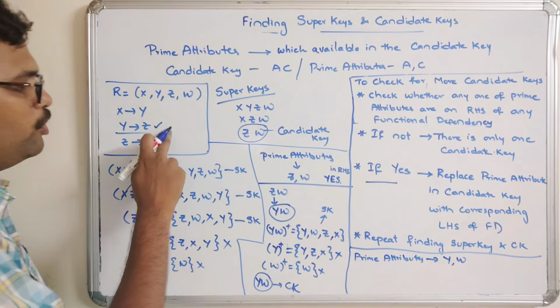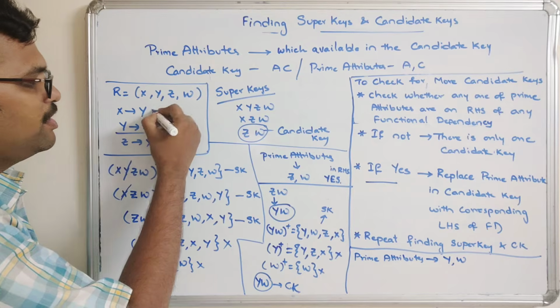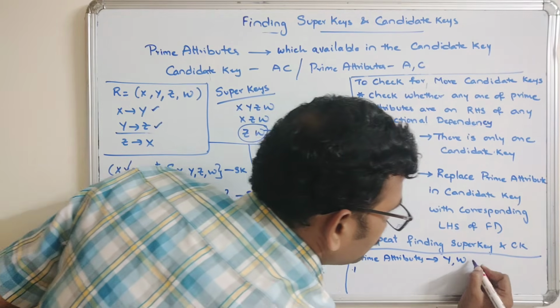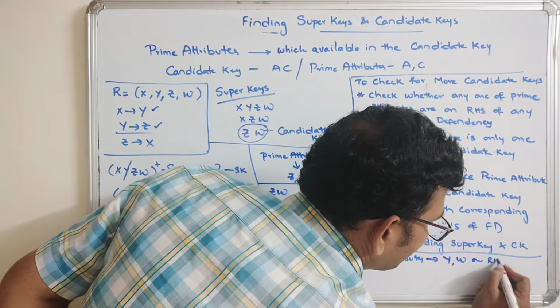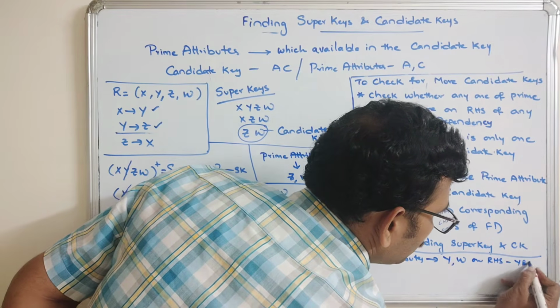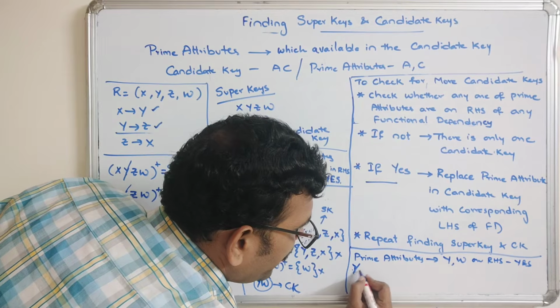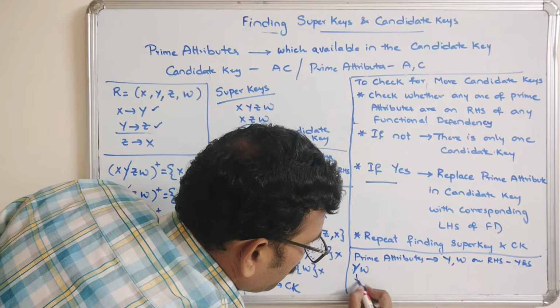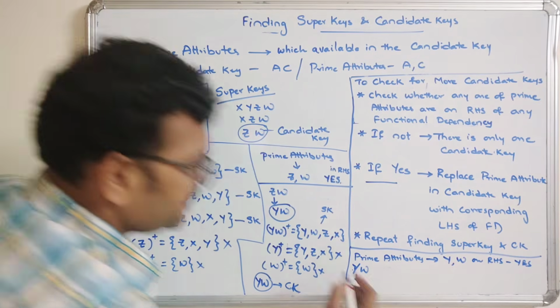So Y and W, whether they are on RHS. Yes, Y is on RHS. What we have to do? Replace. So result is yes. So YW is replaced with the corresponding LHS. That means XW.